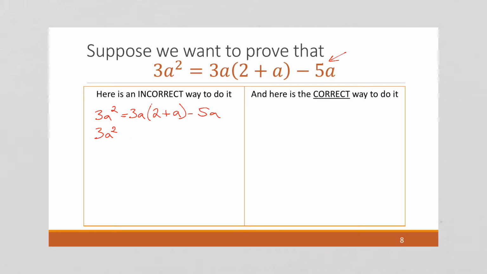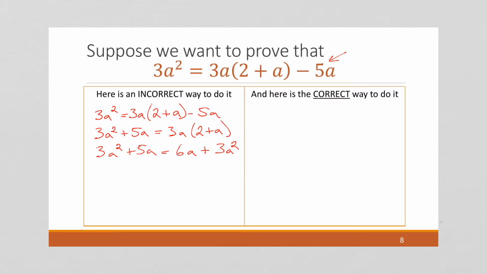Actually, I'm going to add 5a to both sides. So the 5a moves over to the left-hand side. I can then distribute this. 6a plus 3a squared.